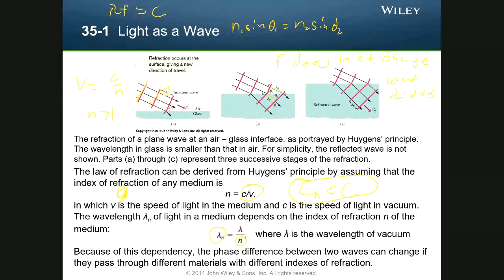So we can replace our c's and v's, get the f's to cancel and the c's to cancel using algebra, and you will get this equation here, which shows us how the wavelength of light will change in the medium.